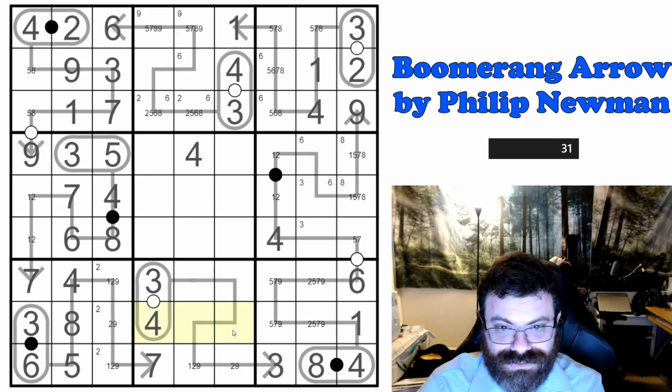Anything else with 1s? 1 is in one of these two, as well as one of these two. I think that's all I get out of 1s right now. Twos. Two is in one of these two.